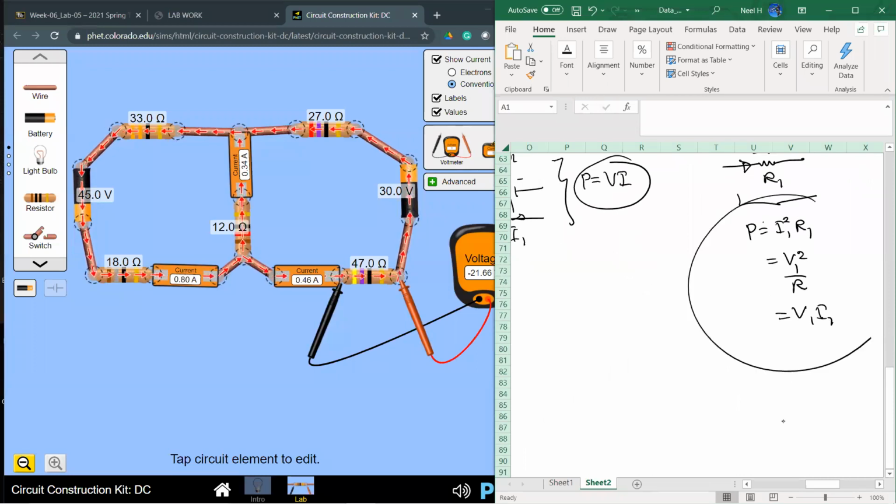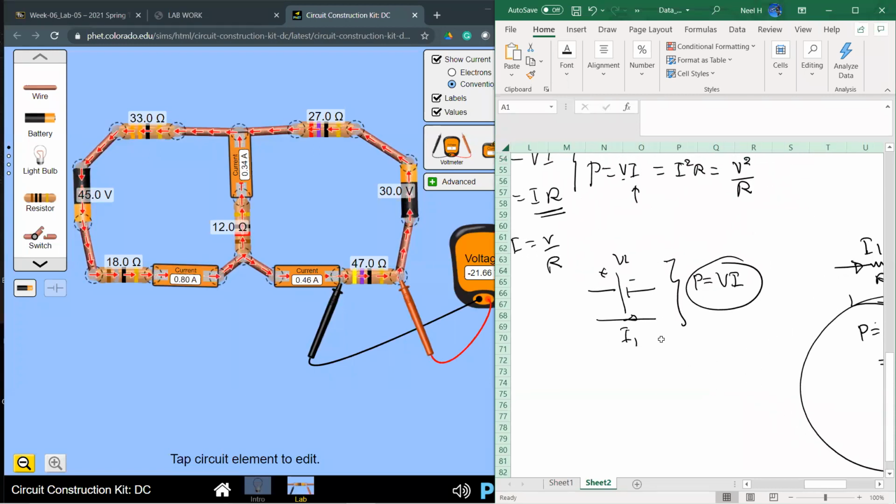You can use any way, it doesn't matter. All of these are going to give you the same number. But for our circuit, since we know the current and resistances, power dissipation is easy to calculate using those two. Okay, that's the idea.